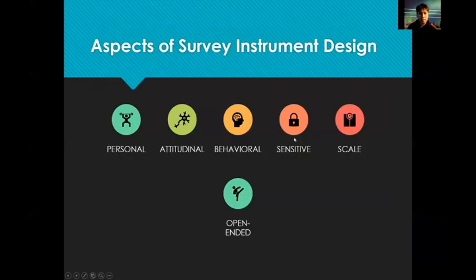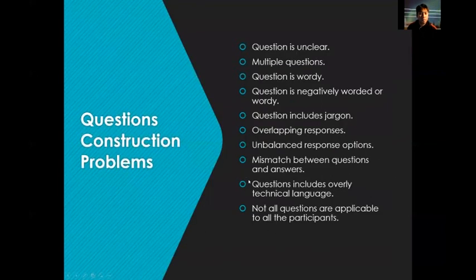Next, we're going to look at the aspects of survey instrument design. The instrument that we design needs to meet these aspects. It could be personal, attitudinal, behavioral, sensitive, scalable, and open-ended. Sometimes when we develop the instrument, we tend to have problems in the questions themselves.